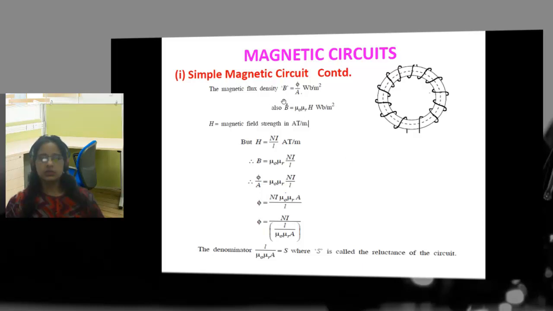So these are the formulas associated: B is equal to phi by A, B is equal to mu naught mu r H, and H is equal to Ni by L. After replacing, we get this. Just go through these formulas, you will come to know how to solve it. The denominator L by mu naught mu r A is the reluctance offered by the circuit.